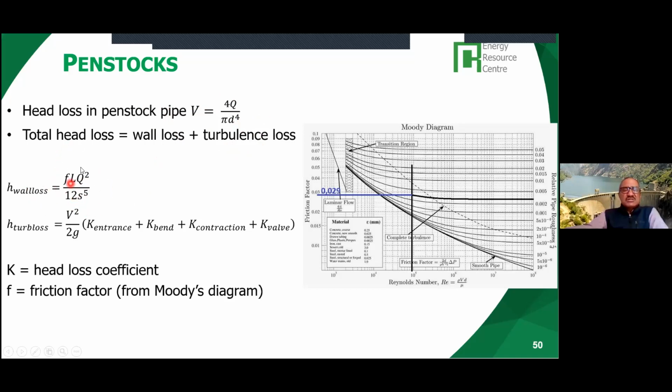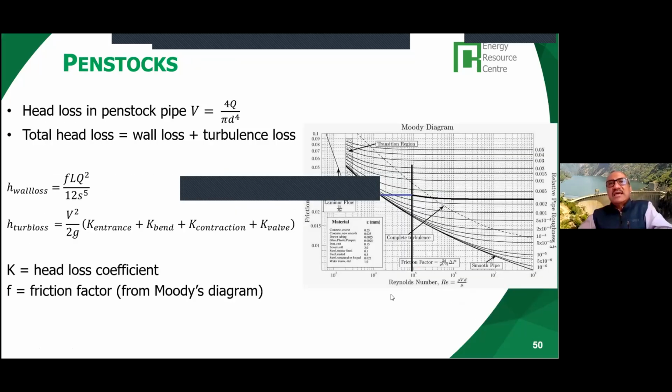The wall loss formula is based on what is known as the Darcy-Weisbach equation, and the F value is the friction factor for pipes. You can get it from what is known as the Moody diagram, the friction factor based on the Reynolds number. I will not go into the detail now.